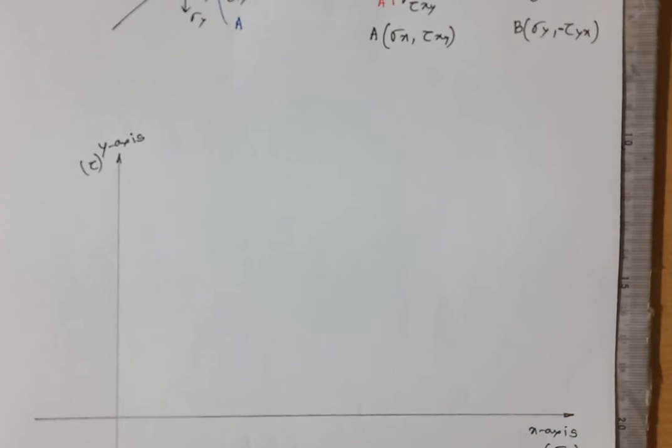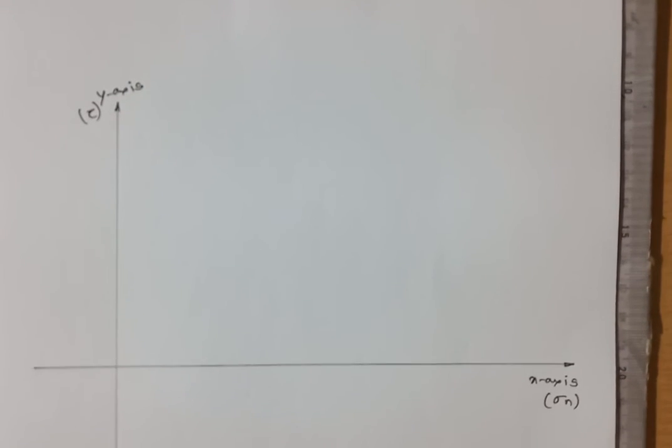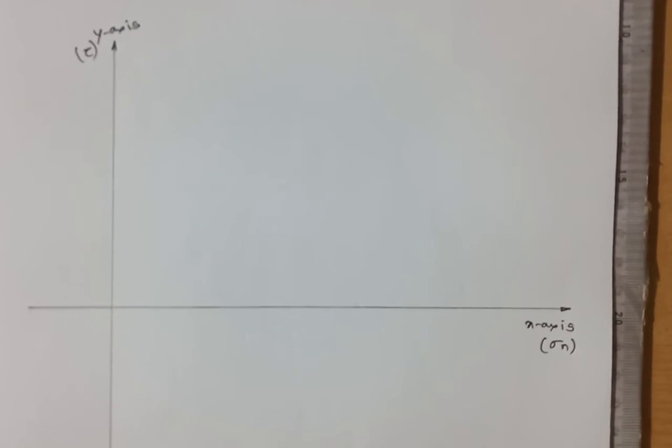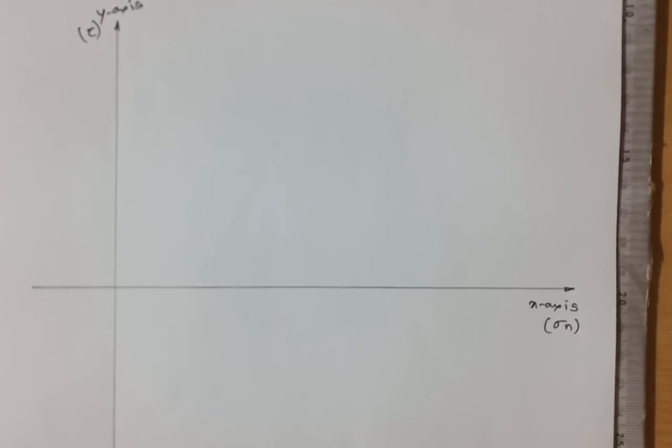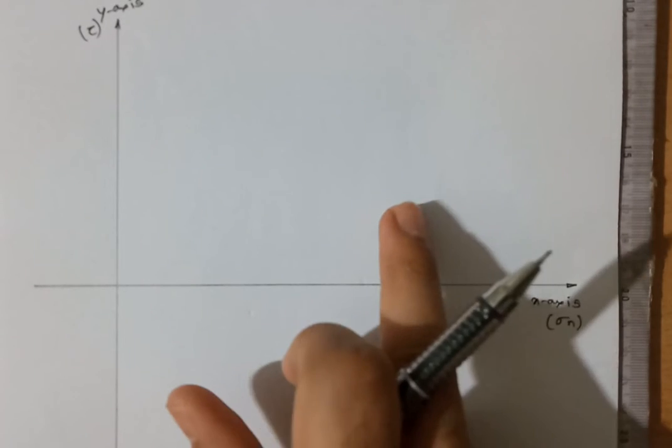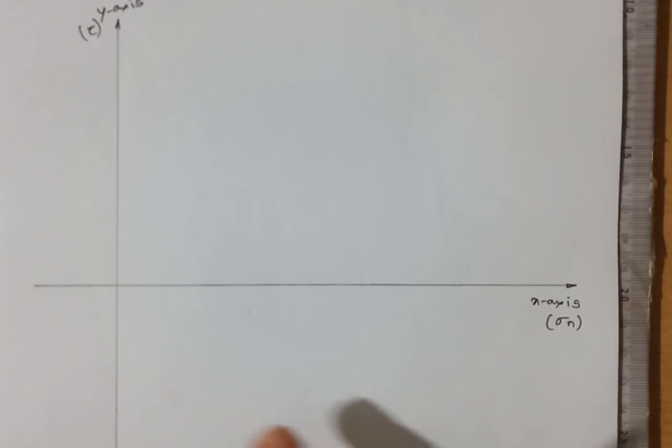So from the knowledge of mathematics, you know you can divide a graph into 4 quadrants: first quadrant, second quadrant, third quadrant, and fourth quadrant. So this is first, second, third, and fourth, right? So first, plane A, I am going to plot it on quadrant number 1 because both are positive, right?